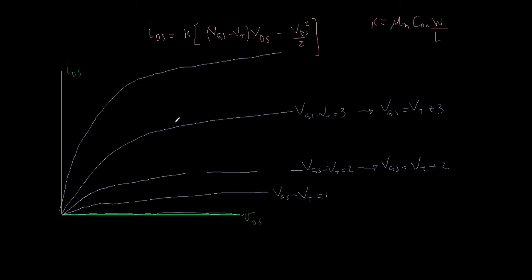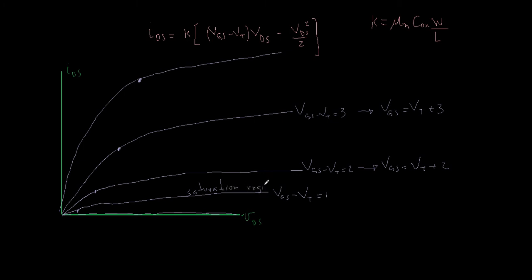And I'm going to draw a curve here which intercepts the point where the transistor becomes saturated, and this is a quadratic equation. It's not a coincidence that it looks like a quadratic equation. Wherever the quadratic curve intercepts, this is where the transistor becomes saturated, and this is where the curve becomes flat.